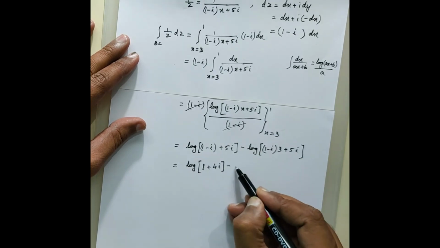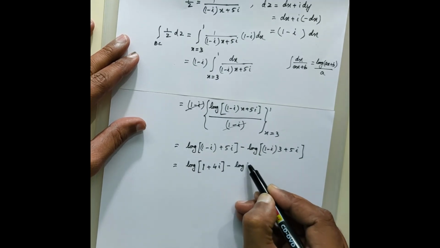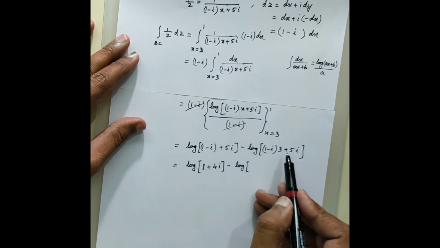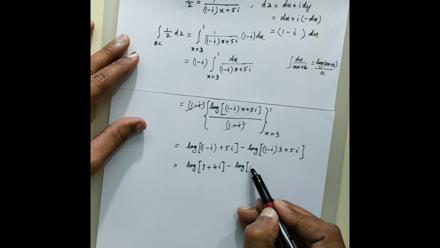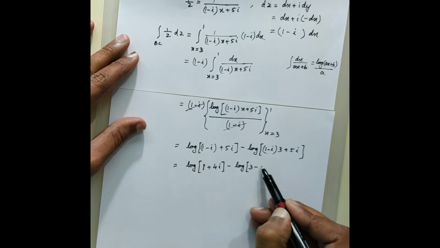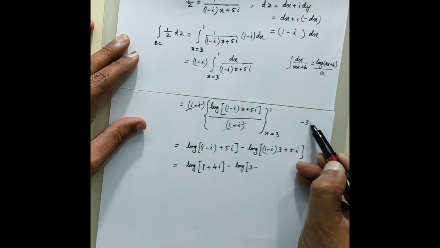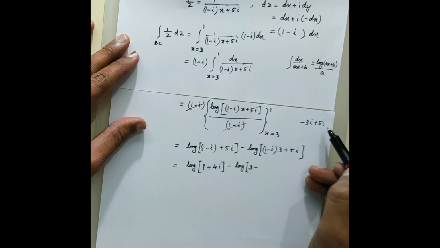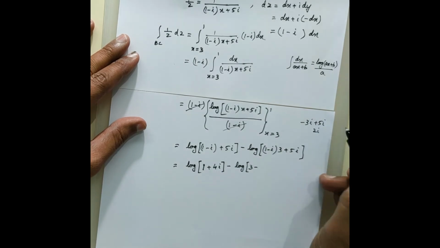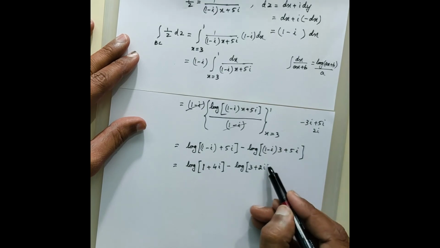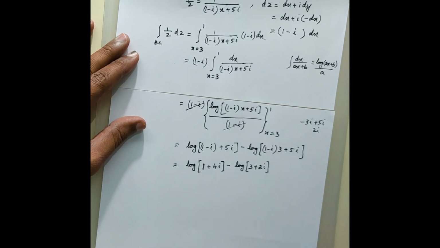Then minus log of, you just multiply that 3 inside. So 3 times 1 will be 3, minus 3i, and plus 5i. If you subtract, 5i minus 3i will be 2i. So plus 2i you will be getting. Hence you got log of 3 plus 2i.